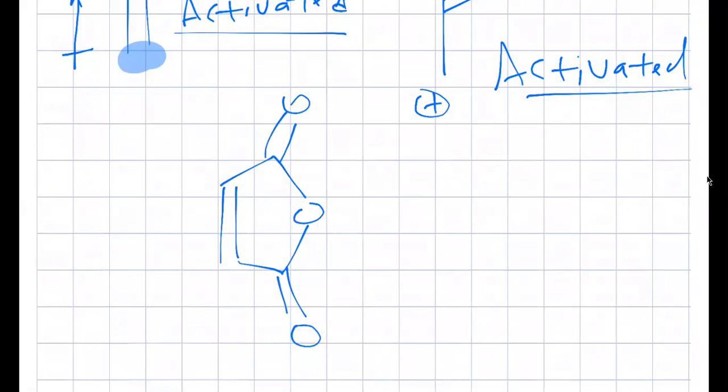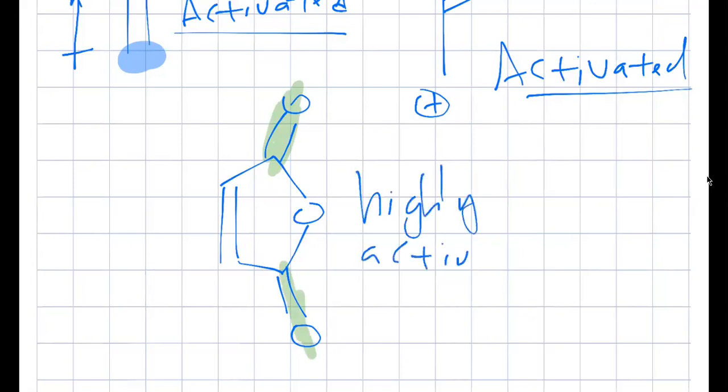You think it's going to be even more highly activated? I just put two acceptors on there, a carbonyl on this side and on this side. So this is highly activated. The more electron withdrawing groups you add to your dienophile, the faster the reaction is going to be.